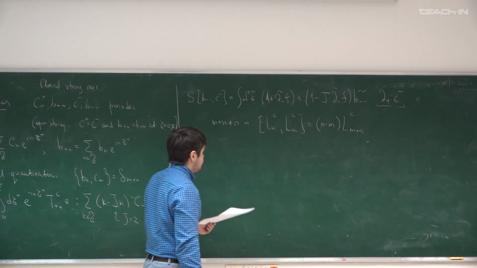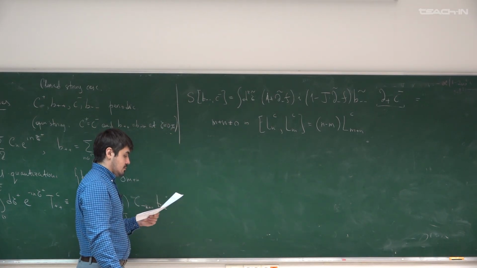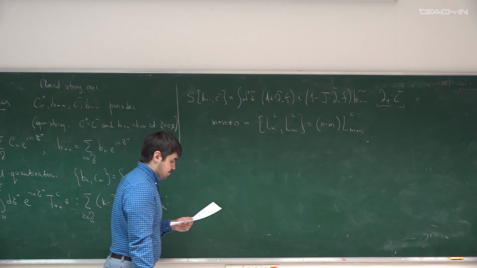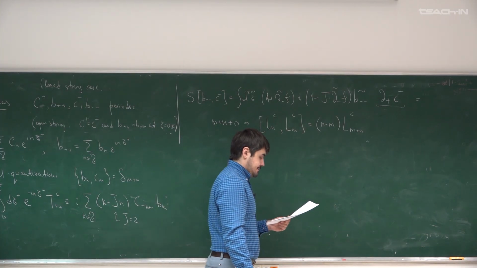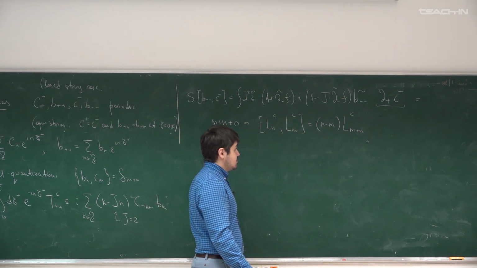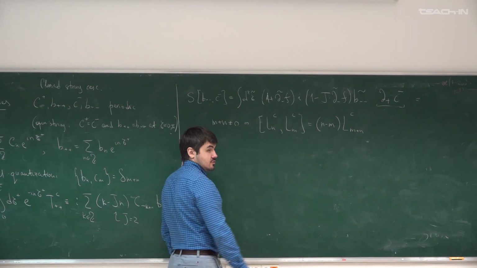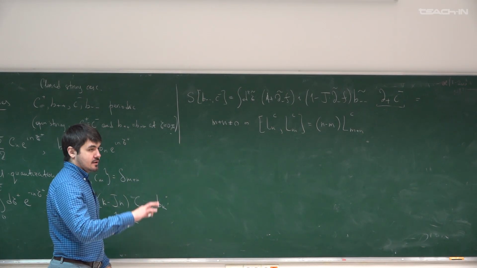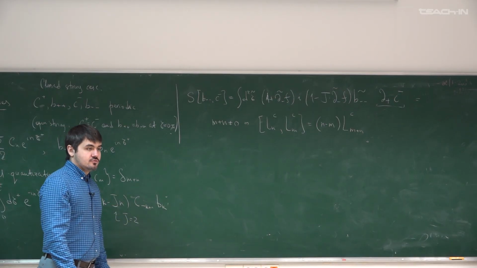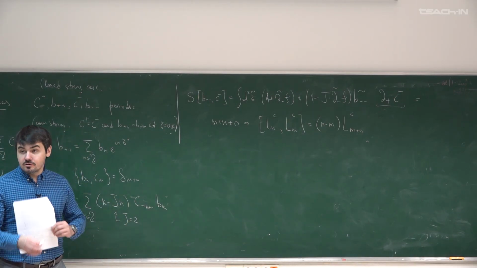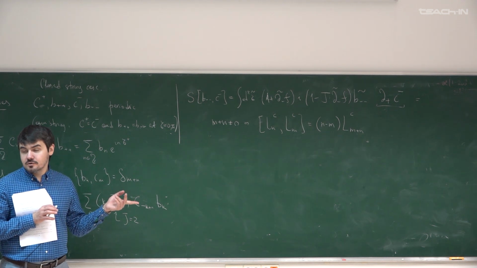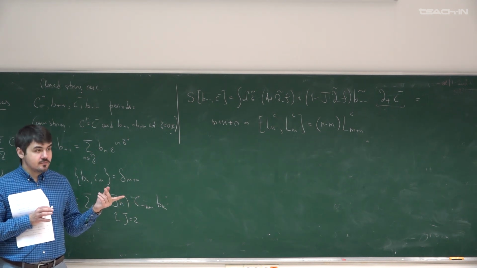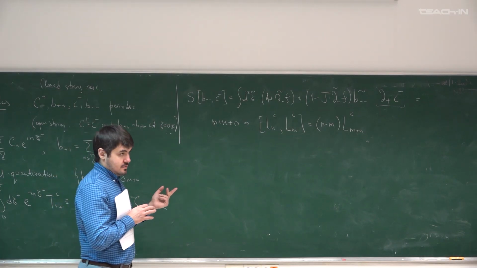So the only terms that behave non-trivially under quantization are the ones with m equal to minus n, just as before. And just as before, to find that contribution to the central charge, we should find the terms that have two creation operators and two annihilation operators.